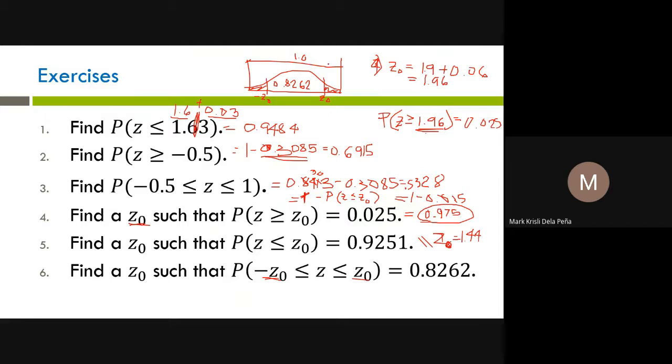Then we divide by 2, since both sides are equal.